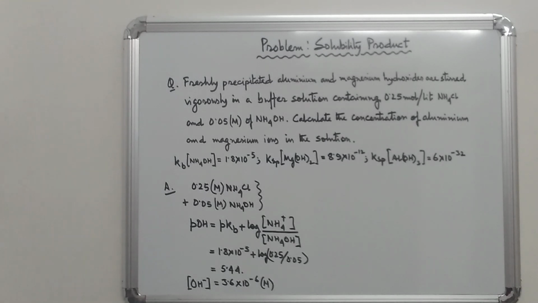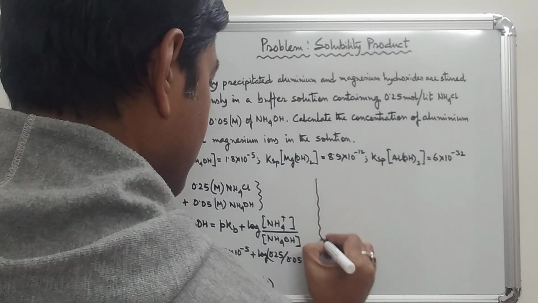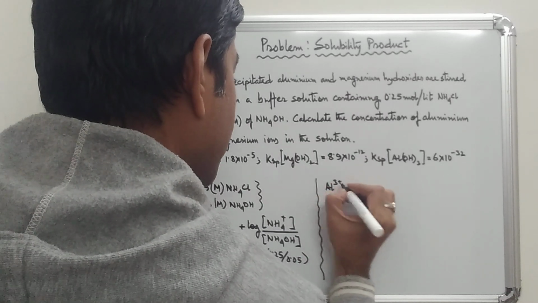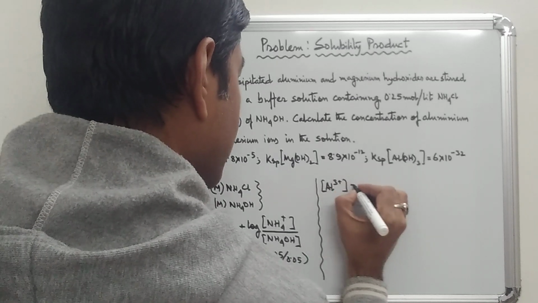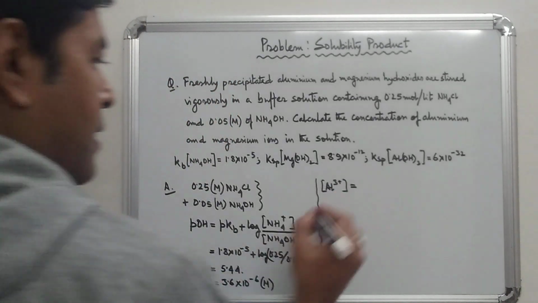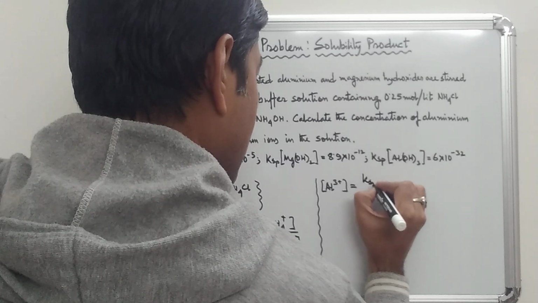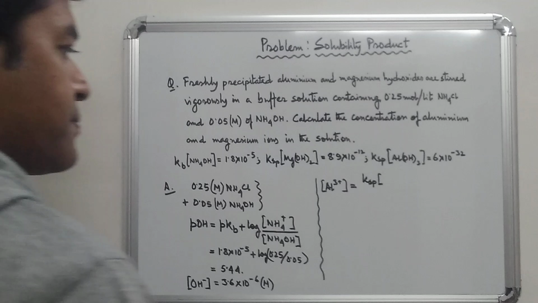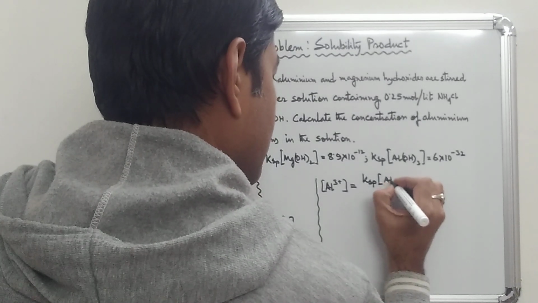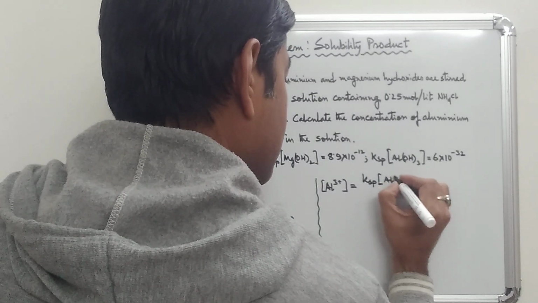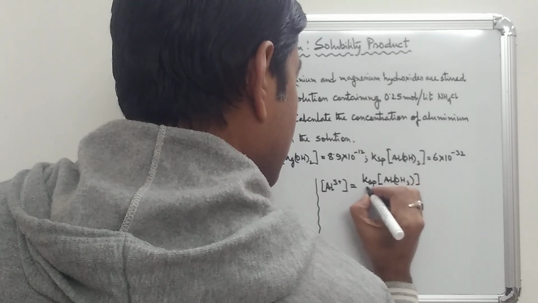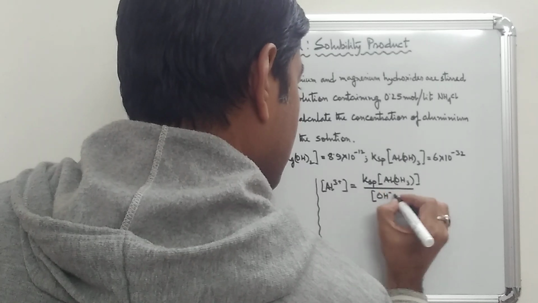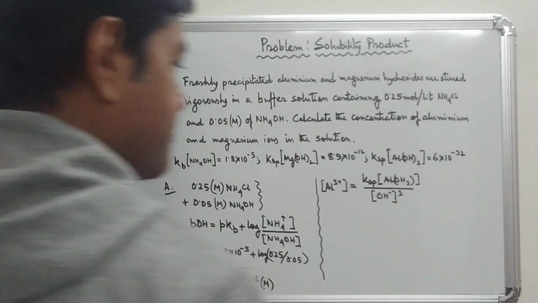Now from the definition, the Al3 plus ion concentration will be the solubility product of Al(OH)3 divided by the OH minus ion concentration cubed.